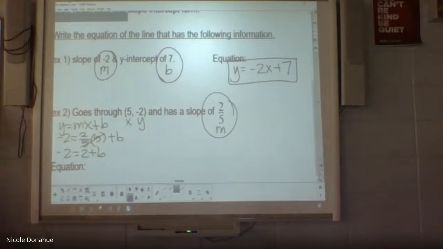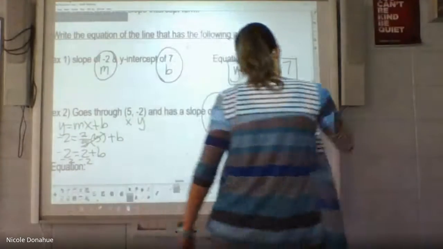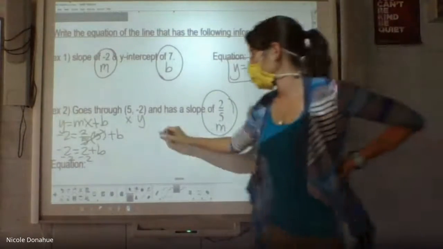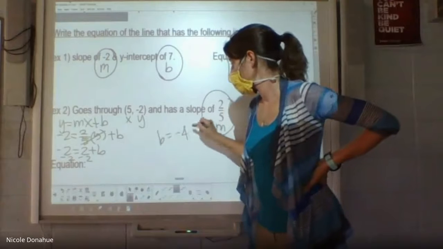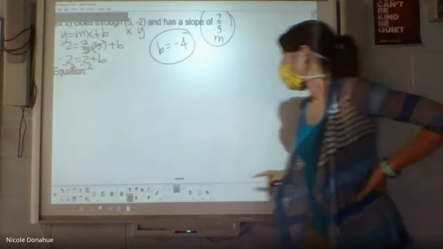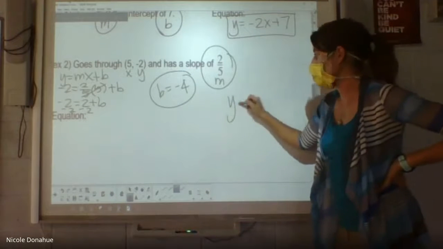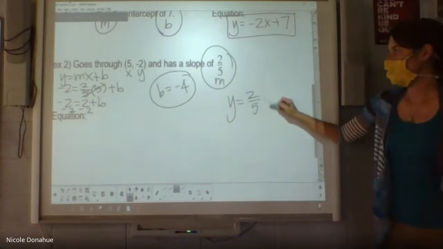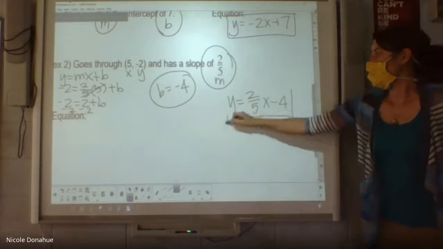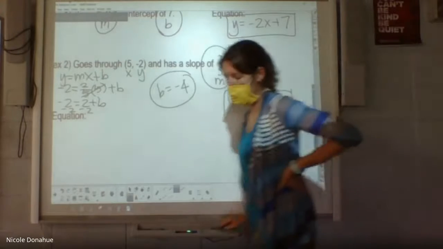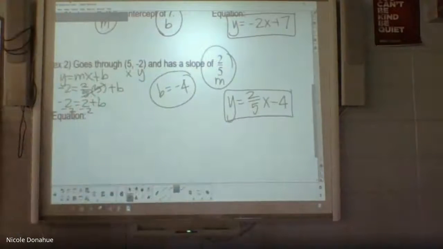Then to get our b alone, I can just subtract 2. So our b ends up being -2 minus 2, so b is -4. Now that I have that, we can write that equation. I don't use that point anymore because it's only one of the many points we could have on the line, and we can ignore that now.